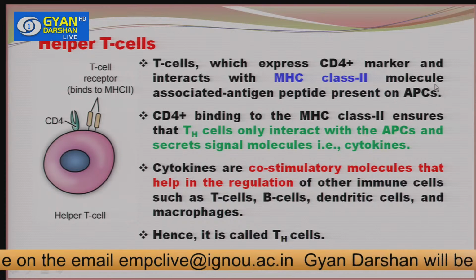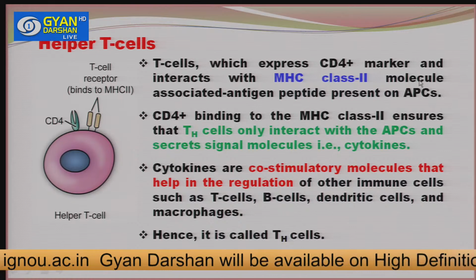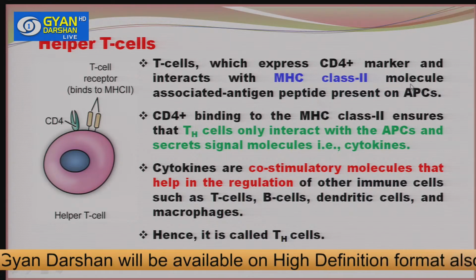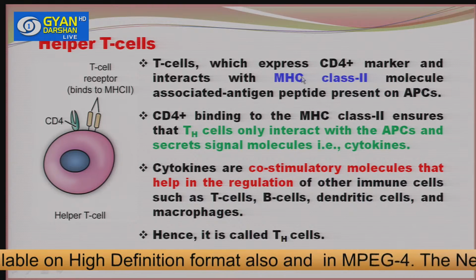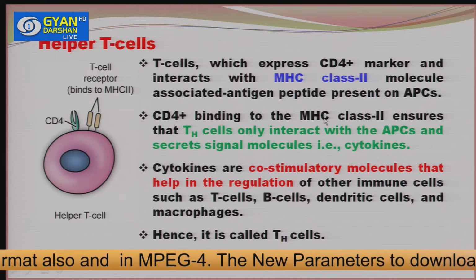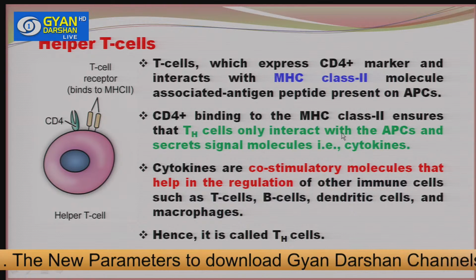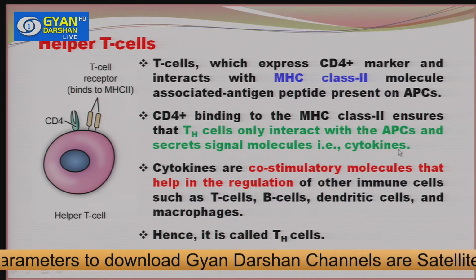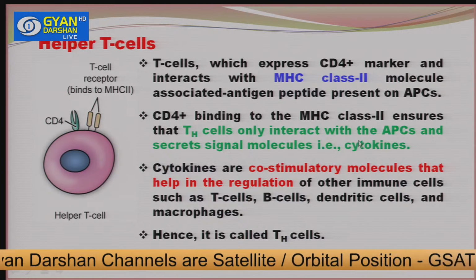The T cell which expresses the CD4-positive marker interacts with the MHC class II molecule associated antigen peptide present on the APCs, the antigen presenting cells. It may be macrophages, dendritic cells, or B cells. These APCs express MHC class II, and the CD4-positive cell binds to MHC class II, ensuring the T helper cell interacts with the antigen presenting cell and secretes signal molecules like cytokines.